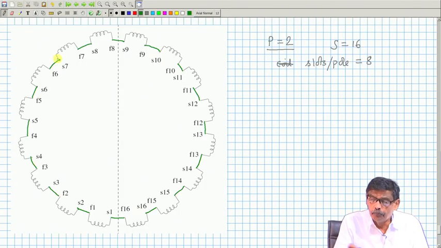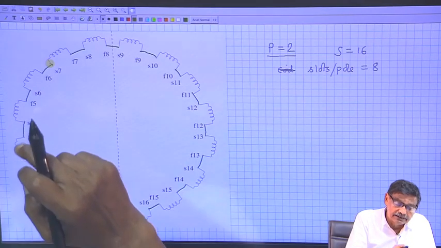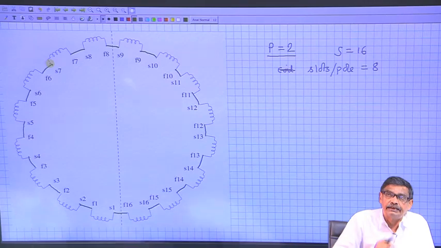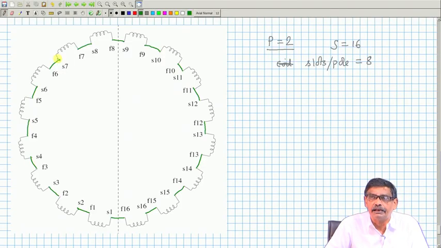So, if it is a 2 pole machine, I would expect the starting coil sides of the first 8 coils, S1, S2, S3, S4 up to S8, will have a fixed polarity, they will be under the north pole.